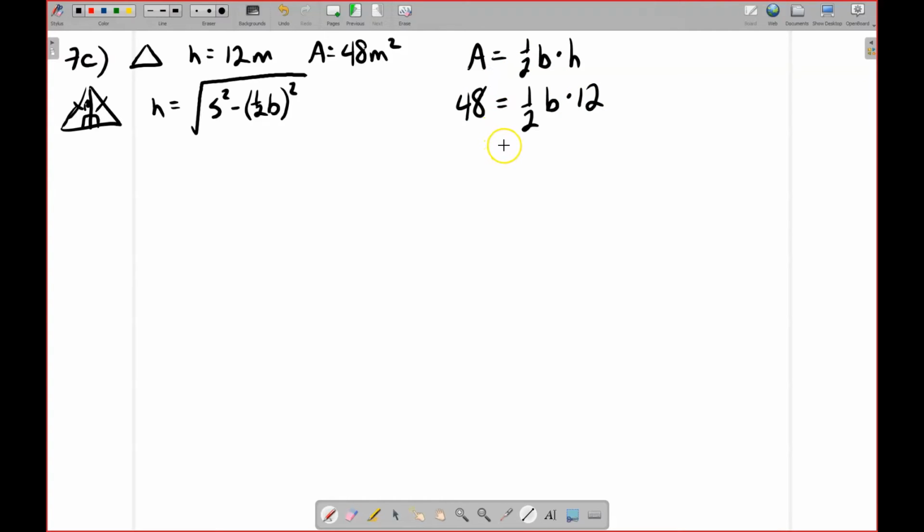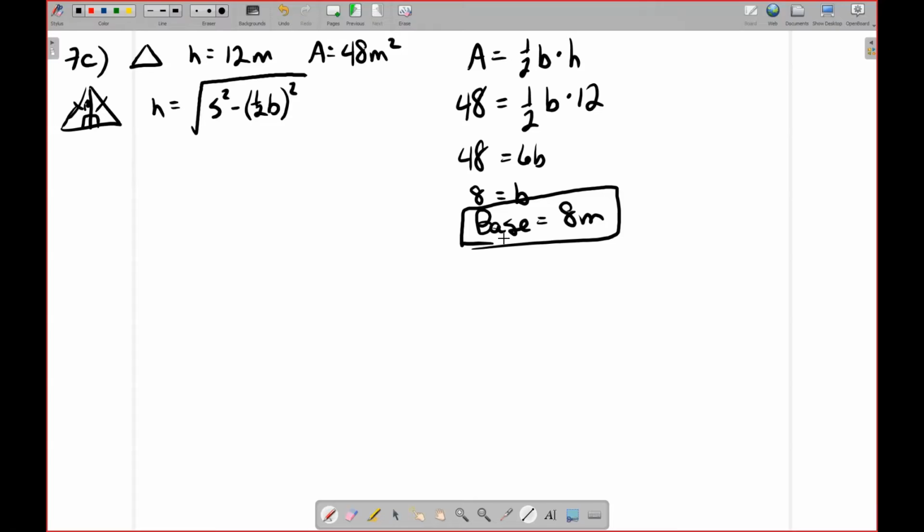So once we've got that information, we can go ahead and multiply that 12 times the half. So we'll end up with 6b is equal to 48. Then we divide both sides by 6, and we're going to get 8 is equal to b. So we've got the base is equal to 8 meters.